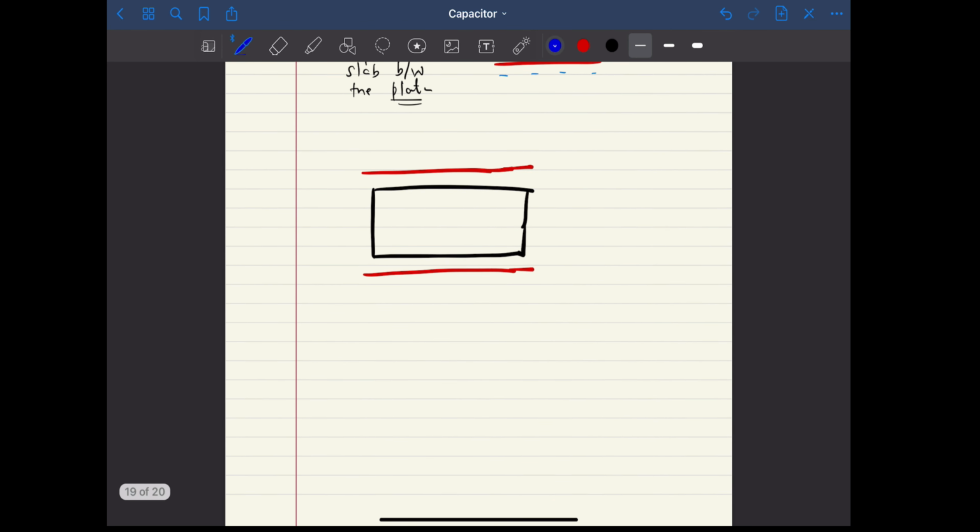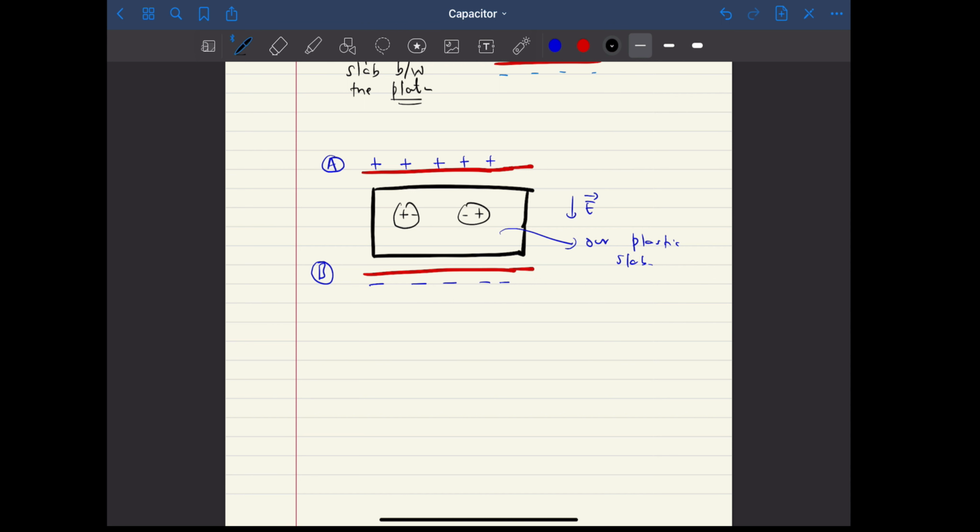Here is plate A and plate B. Positive charge is on plate A and negative charge is on plate B. Due to this, an electric field will be set up here, and this is our plastic slab. I will show two molecules here, positive, negative, and negative, positive. Let's go on for another one, positive, negative.